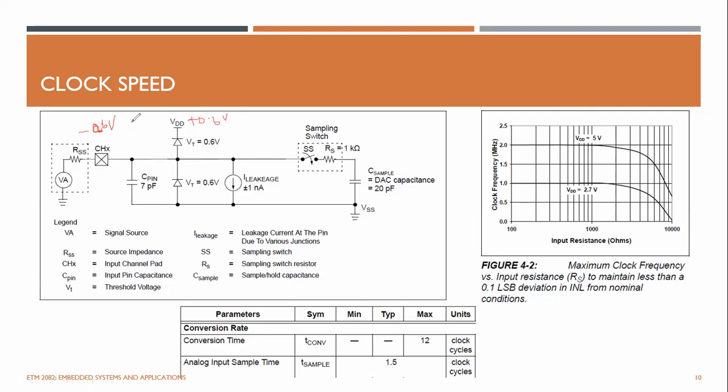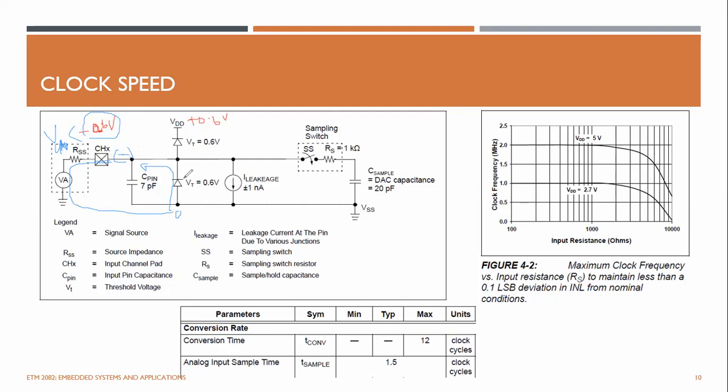Now let's think about this point: if you apply minus 0.6 or any voltage below that on this pin, VA, this is the ground, right? Since this is at a lower voltage compared to ground, this diode will be forward biased and current will flow from the ground through this diode to this point, through your voltage source, and come back.